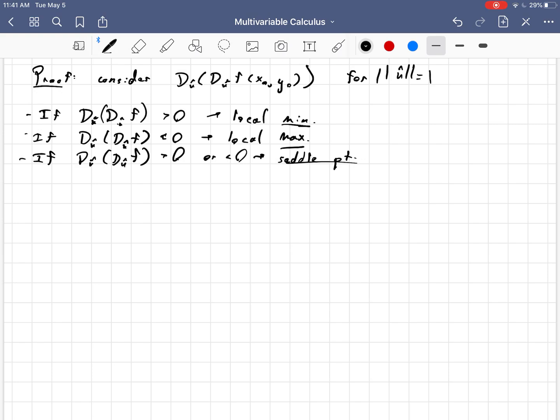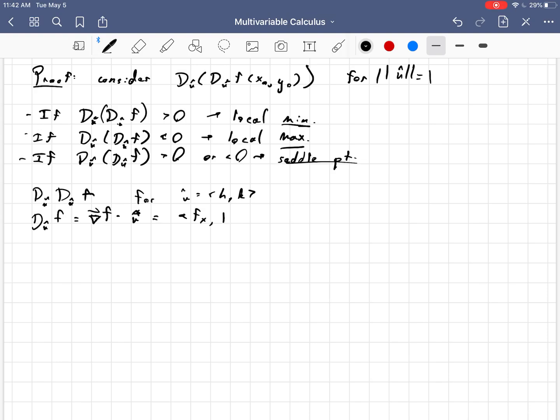So let's actually consider what d sub u of d sub u of f is, for our unit vector, which I'll call having components h and k. First of all, remember that the directional derivative of f, not the directional derivative of the directional derivative, has an equivalent definition: the gradient of f dotted with our unit vector u.